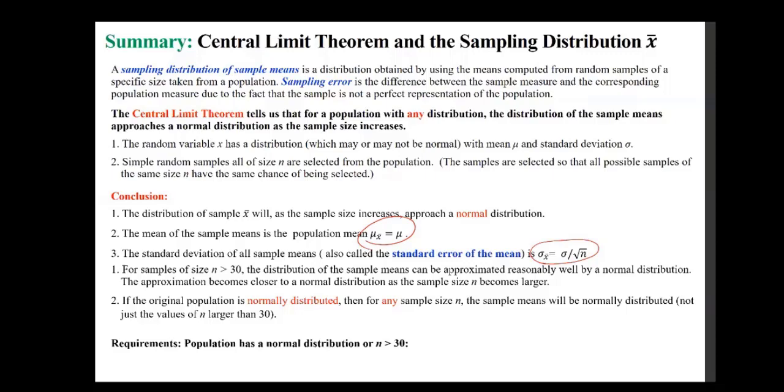Either the population is normally distributed or n is large. Sometimes we have both cases. So to use this, you have to be aware of what's happening to the population. If the population information is not given, normally the size we need is 30 or larger, then the central limit theorem can be applied.